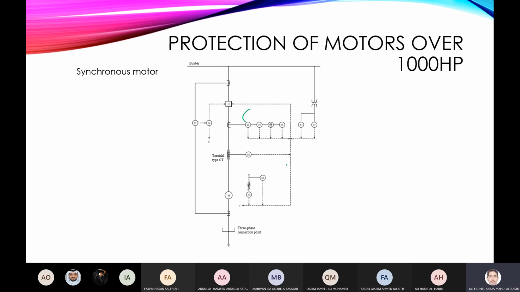This is for a synchronous machine, which shows the protection elements. And this is for the rotor field protection.